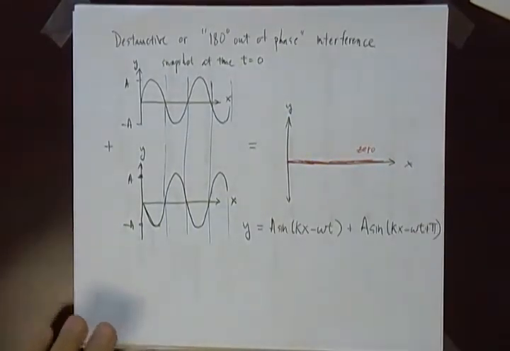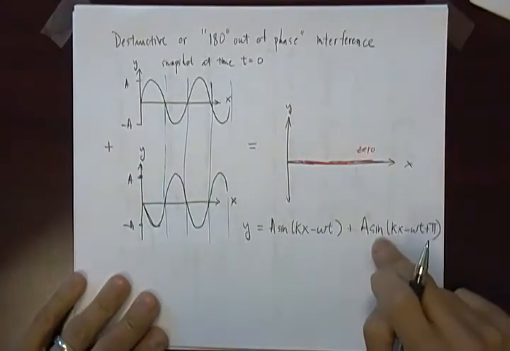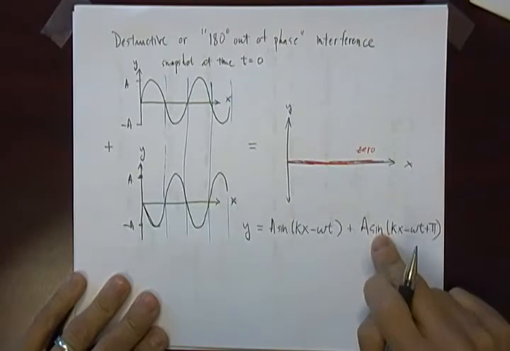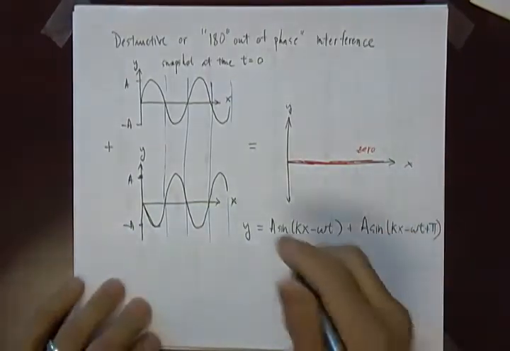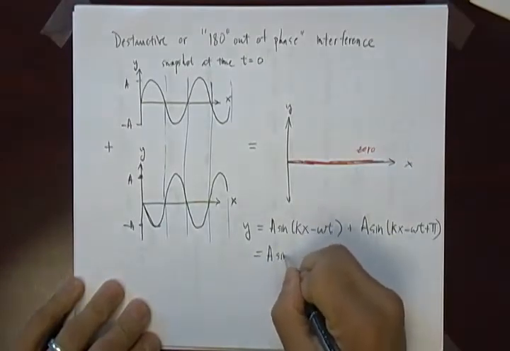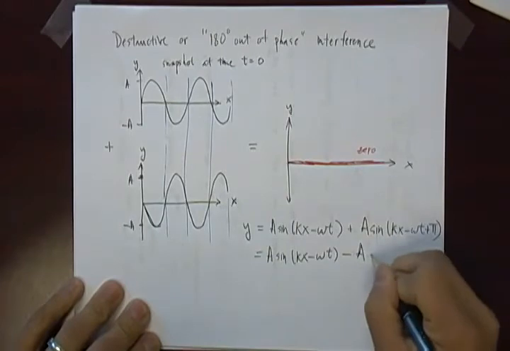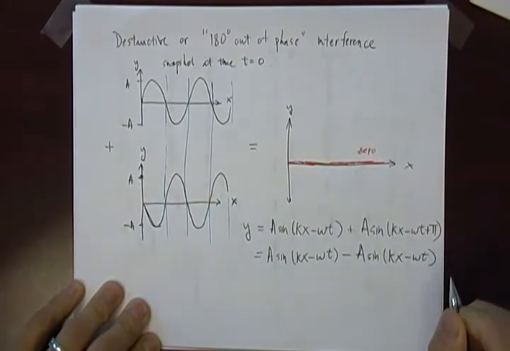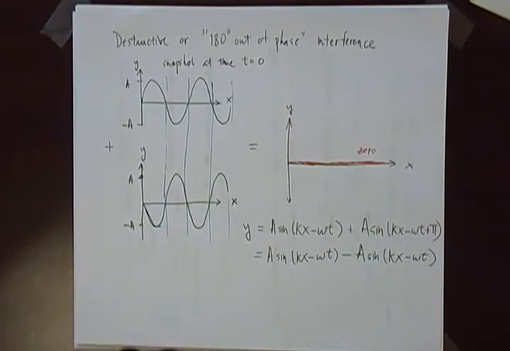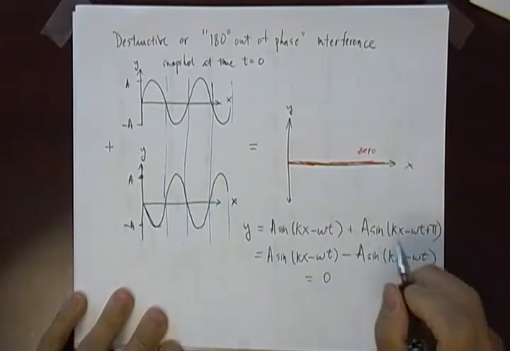I like to think in terms of radians here. If I add 180 degrees to the angle, then the sine will just flip its sign, so it will just get a minus sign. So this will give me sine of kx minus omega t, and minus sine of kx minus omega t. Right? So that will give me just plain old 0.